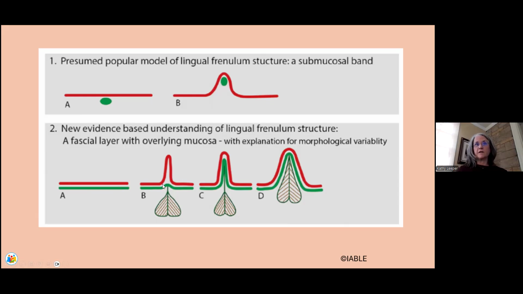In a lot of frenulums, the mucosa is the only thing involved. So very thin see-through tissue is folded on itself, and none of the fascia extends out into the frenulum. Many times, though, there is a varying degree of fascia coming out into the frenulum. It can be just a little bit, it can be all the way.